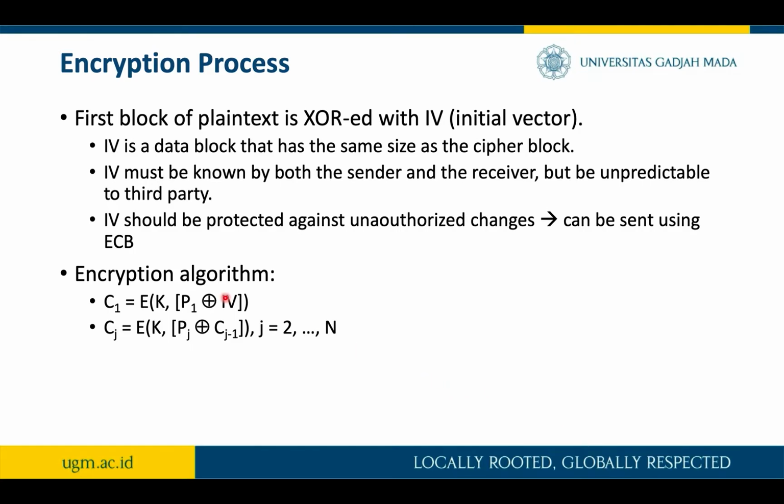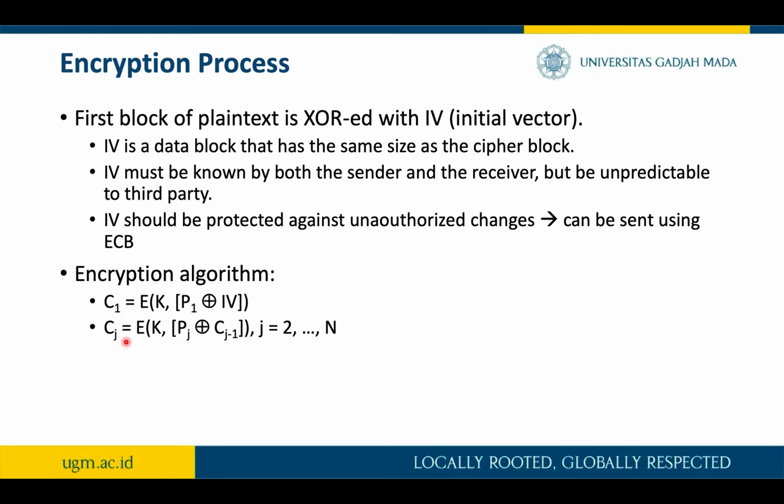The encryption algorithm here is like this. For the first plaintext block, it will be XORed with the initial vector, and then it will be encrypted using the key. The result is the ciphertext of the first block.